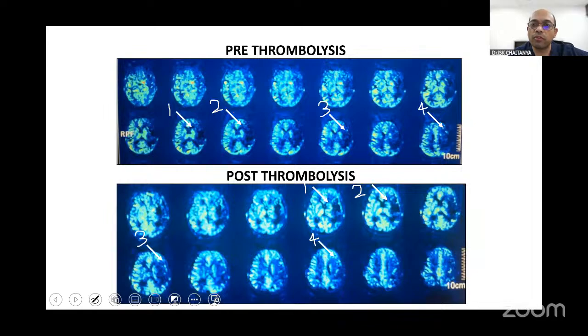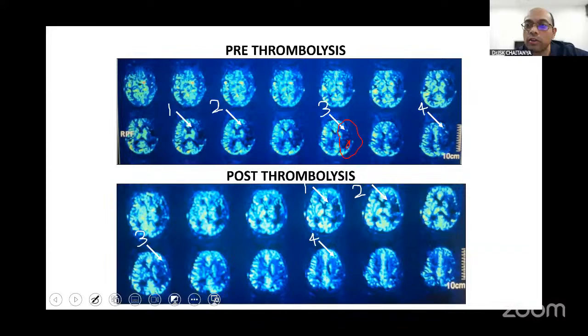In this perfusion image, you can see the normal side of the brain and the opposite side. On the opposite side, the dark area in the center is the core, but all the rest of this area is the penumbral region. So this indicates that if you are unable to re-establish the blood supply, this whole area is going to be lost.